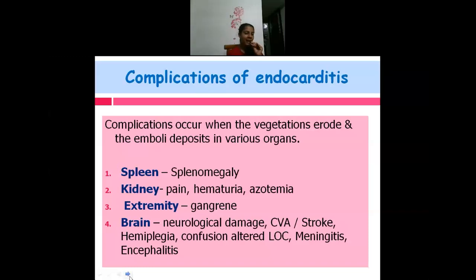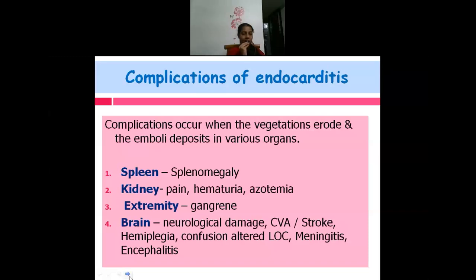In the kidney, the patient can have renal failure and hematuria, and sometimes azotemia also. Azotemia means elevated urea and other nitrogen compounds in the blood. In the extremities, because of decreased blood flow, there can be gangrene, that is death of the tissue. And you know, with gangrene all you can do is amputation, isn't it?